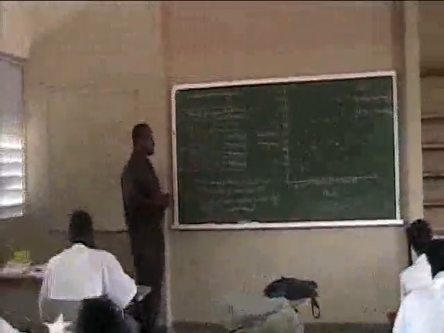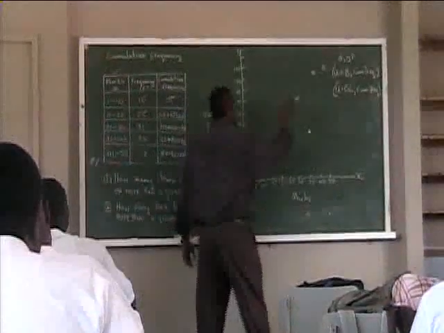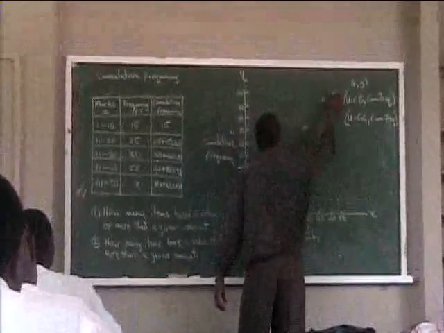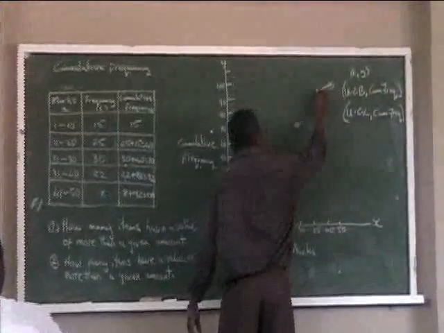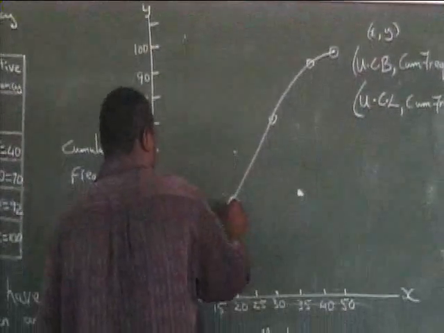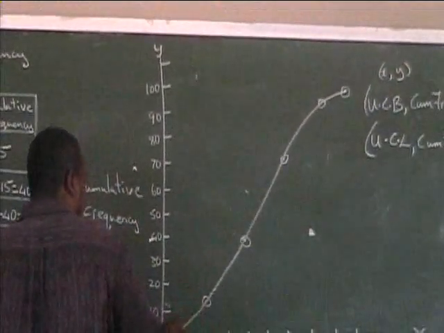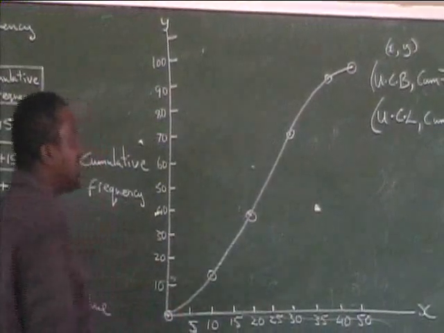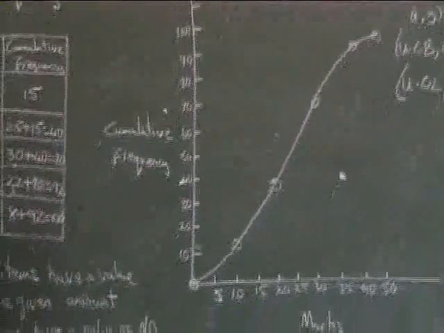So 0 would have corresponded to a frequency of 0. Therefore, this would have been your starting point. The curve is done freehand. Try to ensure that you have the curve passing through the center of each one. The curve should look like this, and this is typical of all cumulative frequency curves.